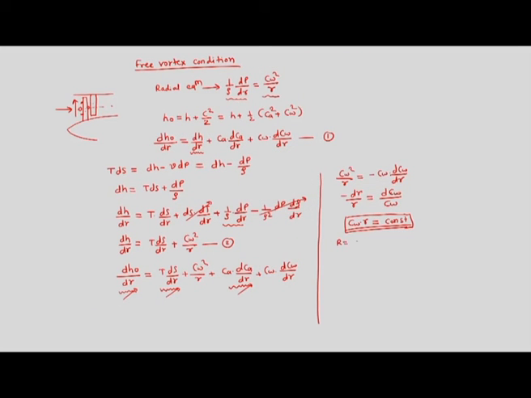So R is equal to 1 minus Ca by 2u into (tan alpha 1 plus tan alpha 2).